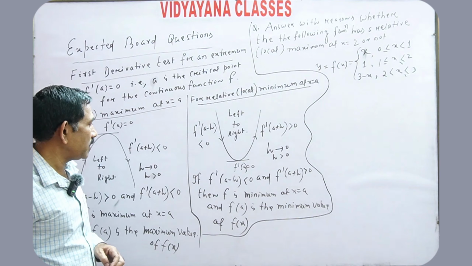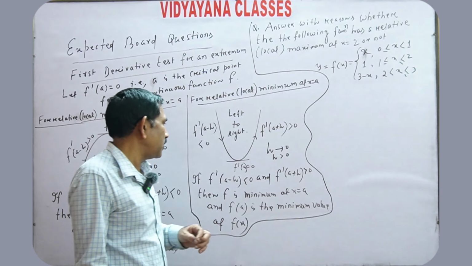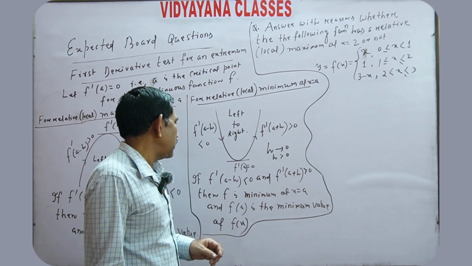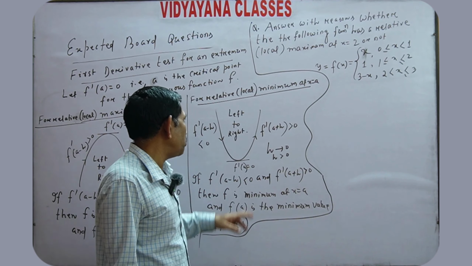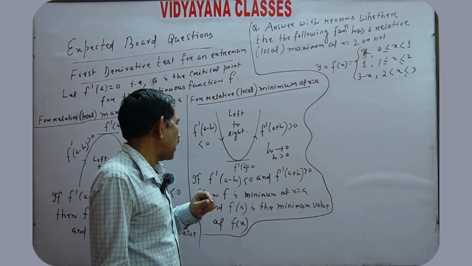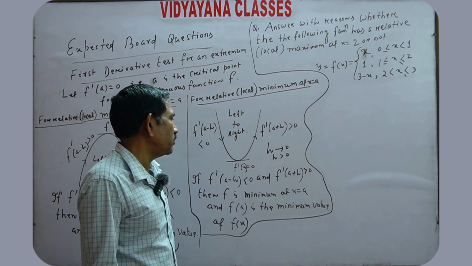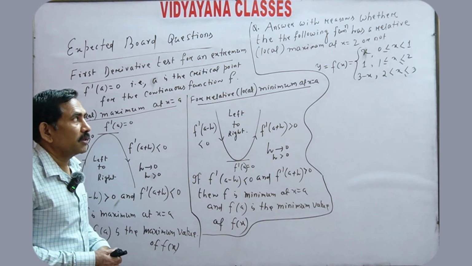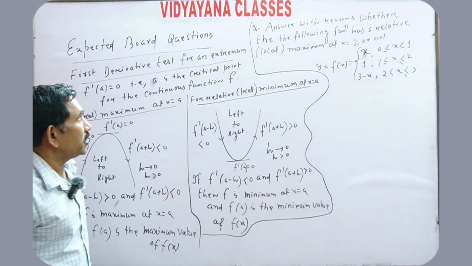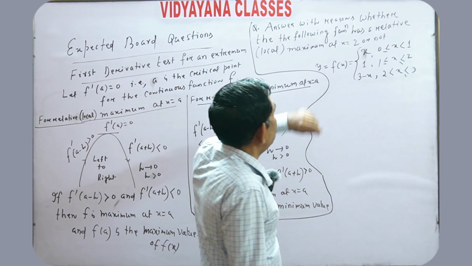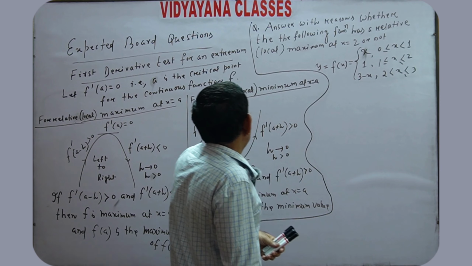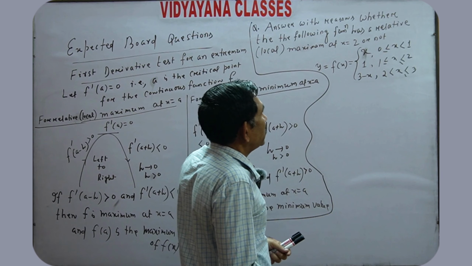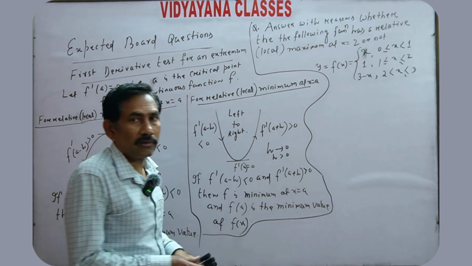In other words, if the derivative changes its sign from negative to positive, moving from left to right, it attains the minimum position. Clear? Question: answer with reason whether the following function has a relative or local maximum at x = 2 or not.